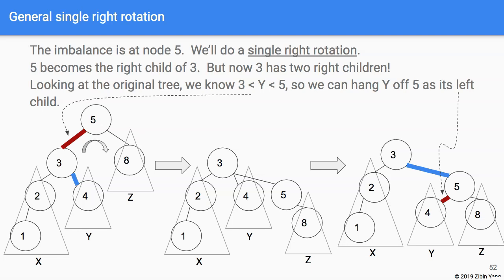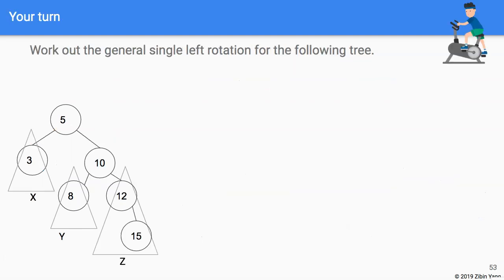Now that we worked out a general case for single right rotation, as you guessed, there is a general case for the single left rotation, and this would be an example of an AVL tree that will require a single left rotation. So please try to work this out.